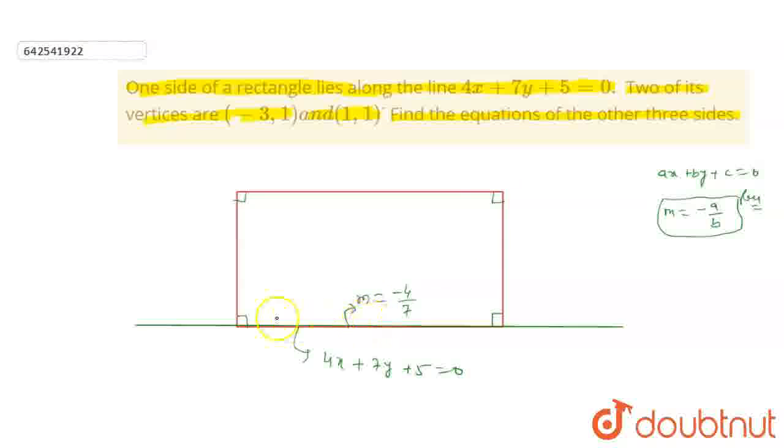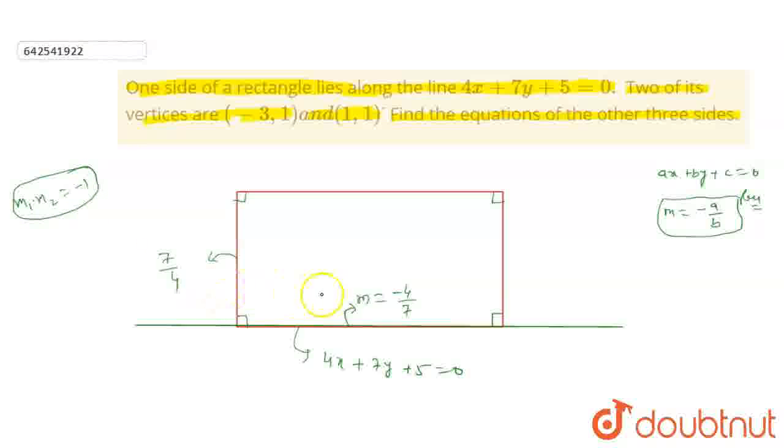And if this is 90 degree, then what will the slope of this line be? If the slope of this line is minus 4 by 7, then the slope of this line will be 7 by 4. Why? Because we know the product of the slopes of two perpendicular lines m1 and m2 will be minus 1.